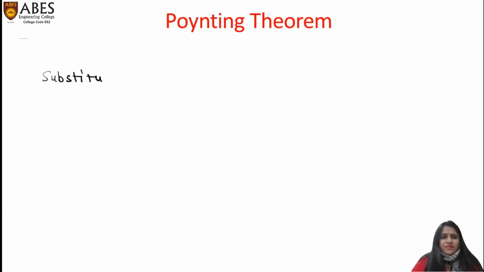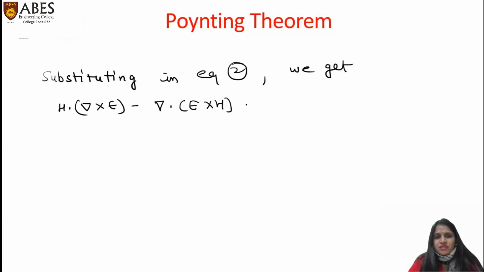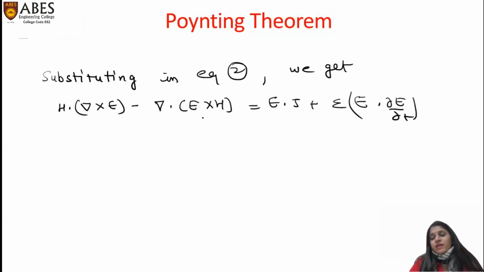Substituting in equation 2, what we get is H dot del cross E minus del dot E cross H is equal to E dot J plus epsilon E dot del E by del T. So we are deriving Poynting theorem, and we are almost able to see the product of electric and magnetic field that represents the Poynting vector. So we are in the right direction.